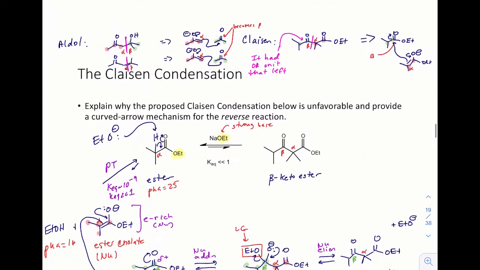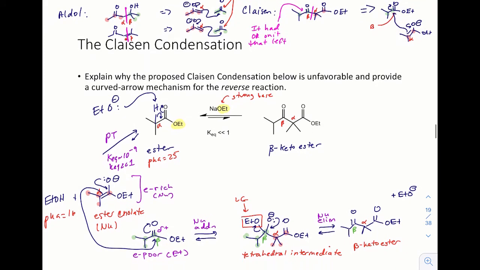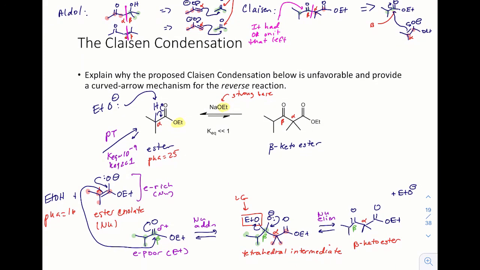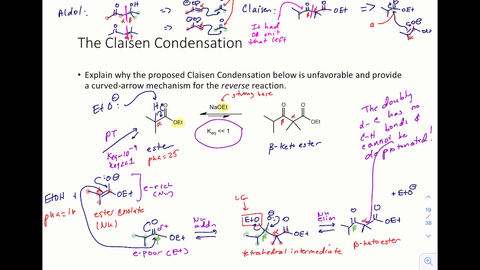Now, in the case of this product of the Claisen condensation, the doubly alpha carbon doesn't have any alpha CHs, right? There are no CHs on that doubly alpha carbon, so it cannot be deprotonated. Thus, the overall equilibrium constant for this proposed Claisen is less than 1. And so this product cannot be isolated. It's formed in small concentrations but cannot be isolated.